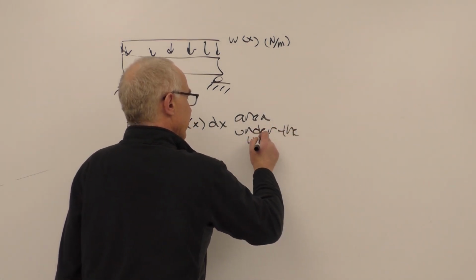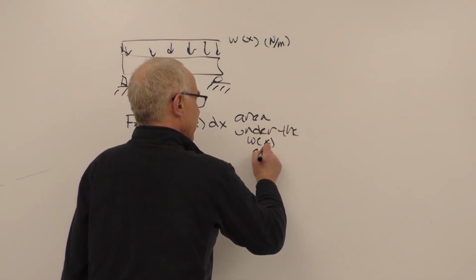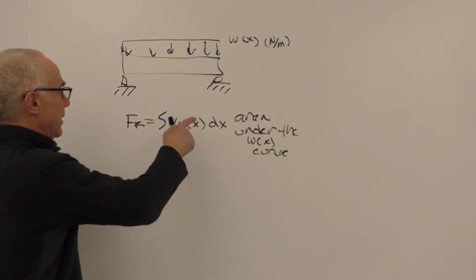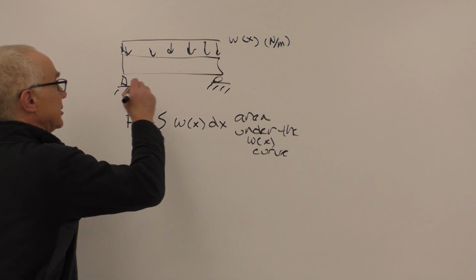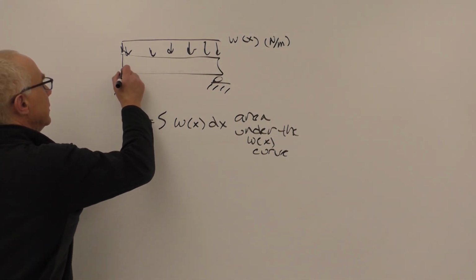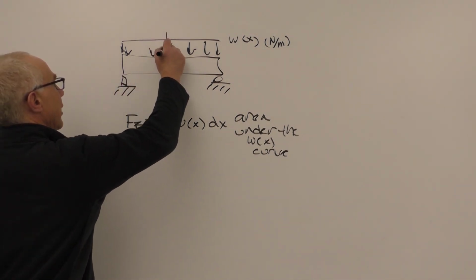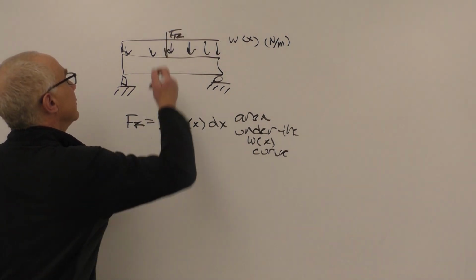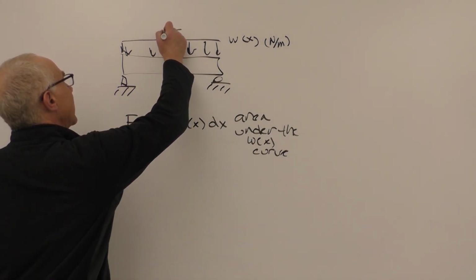The W of X curve may not be a curve, maybe just a straight line. That's the area under the curve, and then there's the location where this is applied. In other words, we're going to have some F of R value. Let me do it in green. This is my simplified system.